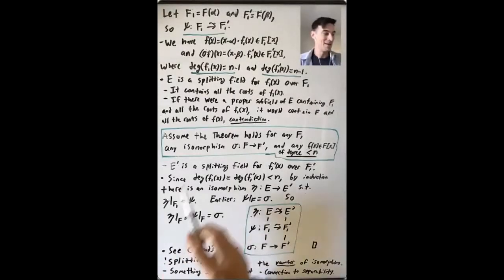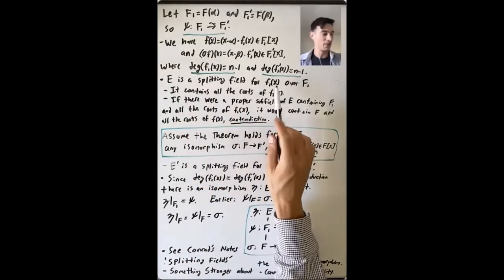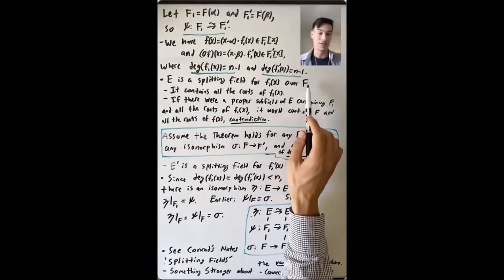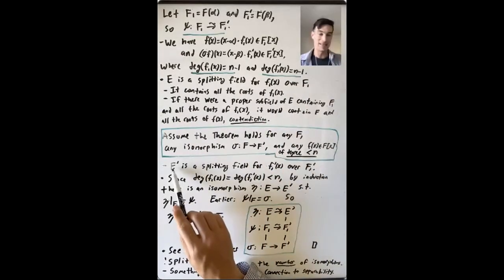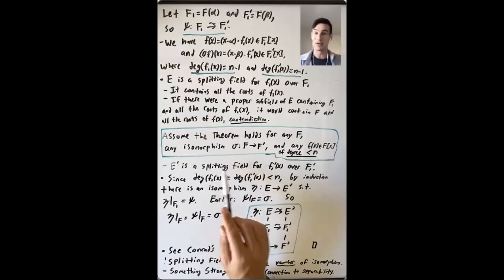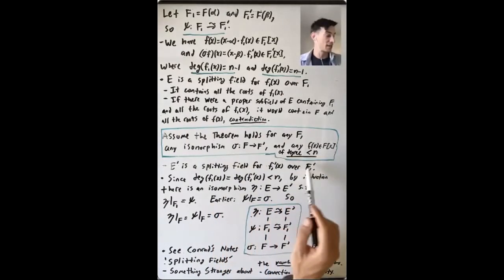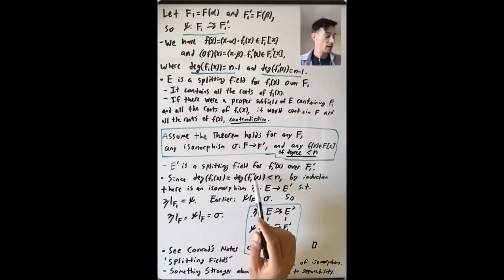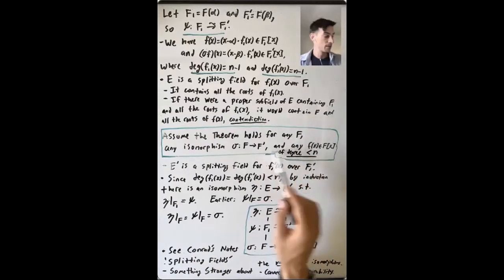So we know that E is a splitting field for the polynomial f1 of x over this field F1. For the same reason, E prime is a splitting field for the polynomial f1 prime of x over F1 prime. And f1 and f1 prime are polynomials of degree less than n.